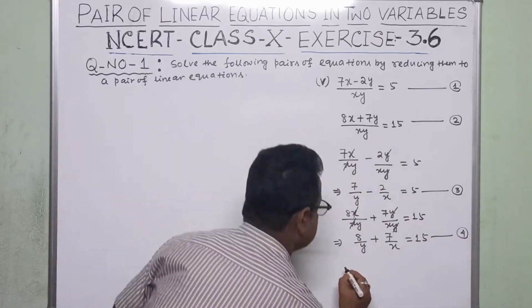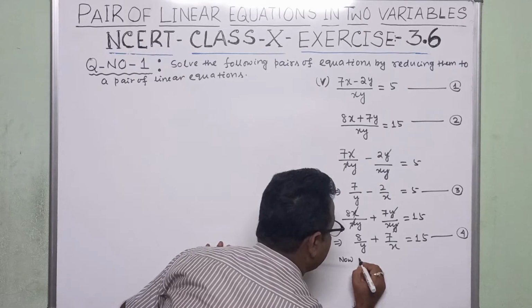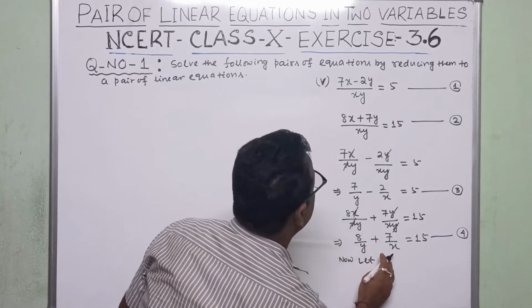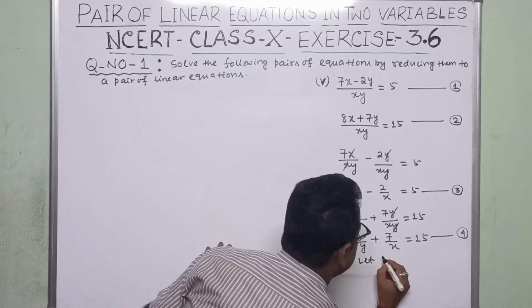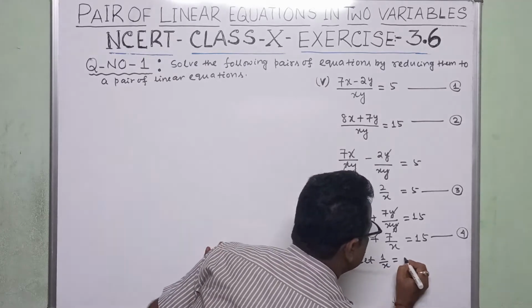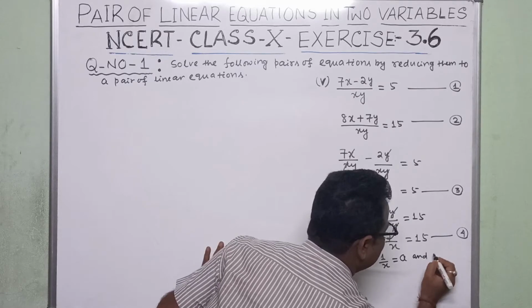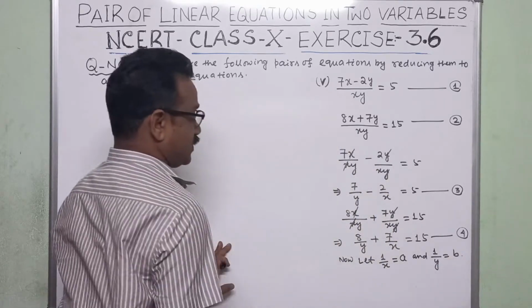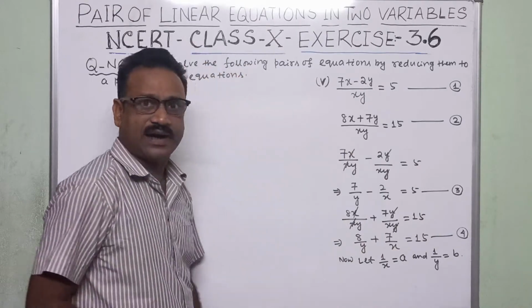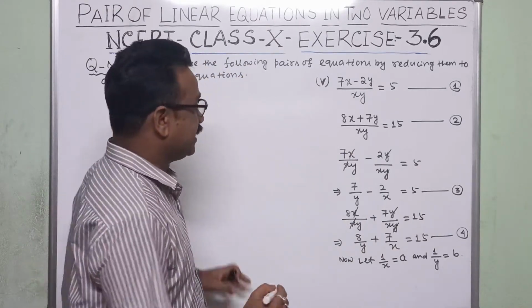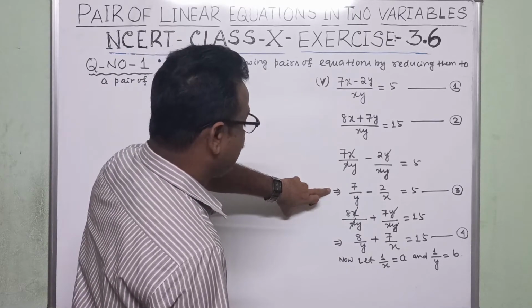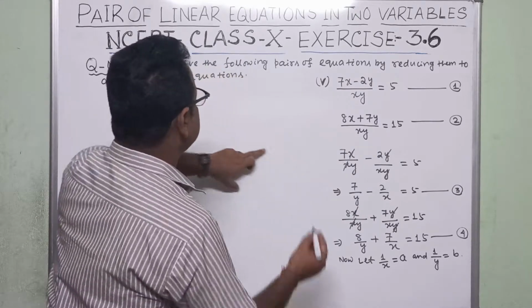Now let 1 by x is equal to a and 1 by y is equal to b. So here equation 3, 7 by y is 7b.